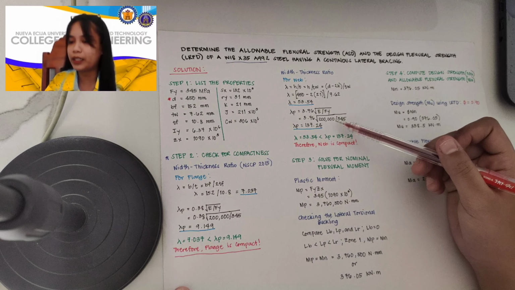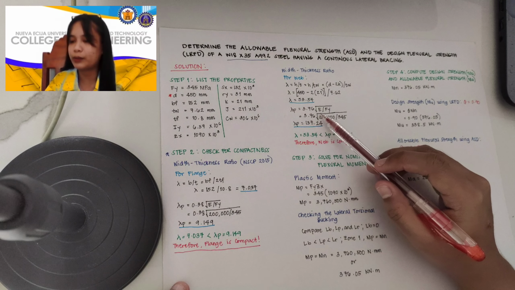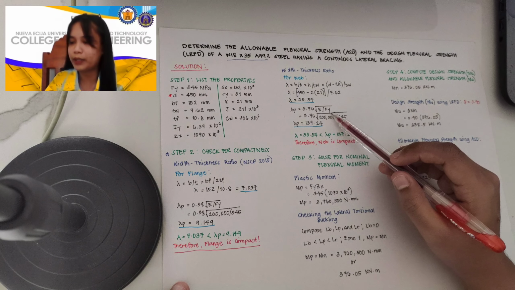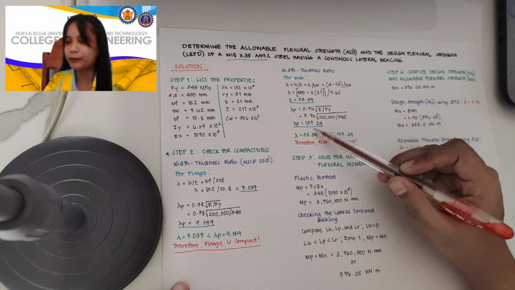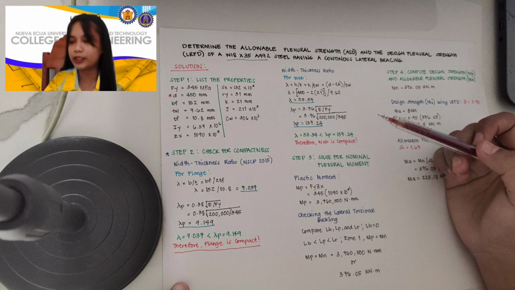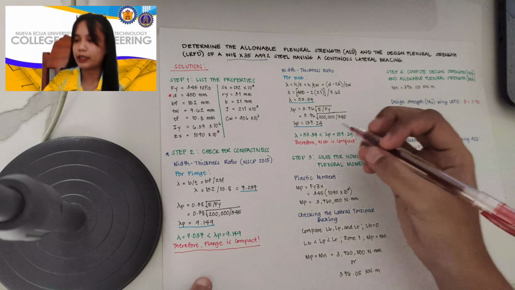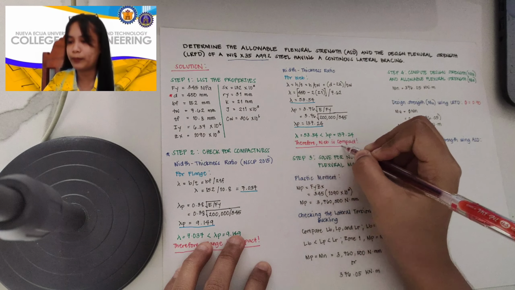For lambda p, 3.756 square root of 200 over 345, we have 90.53. And for lambda r, we have 137.24. As you can see ulit, kapag mas malaki yung lambda p natin sa lambda, matatawag natin na web is compact.